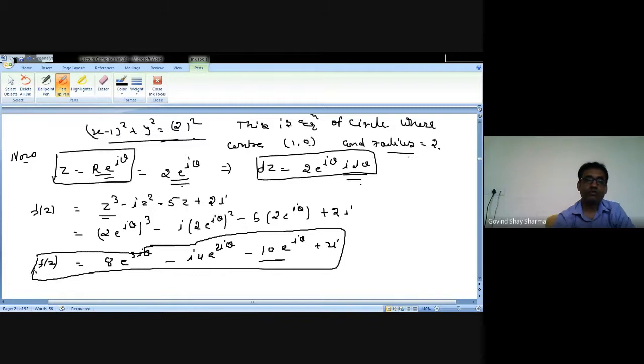Now we discuss here for a circle surface. Theta varies from 0 to 2 pi, because we talk about the circle.